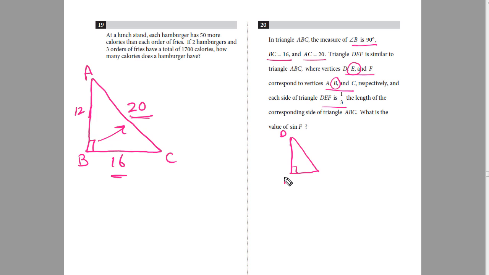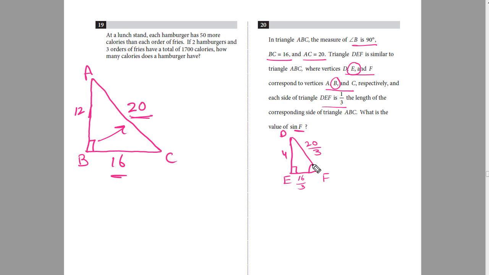This side is D, this side is E, and this side is F. And we have to find sine F, the sine of this angle. Now this side is 1/3 of 12, so it will be 4. This side will be 1/3 of 16, so it will be 16/3. This side will be 1/3 of 20, so that will be 20/3.